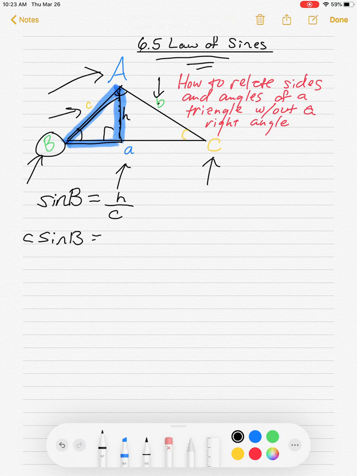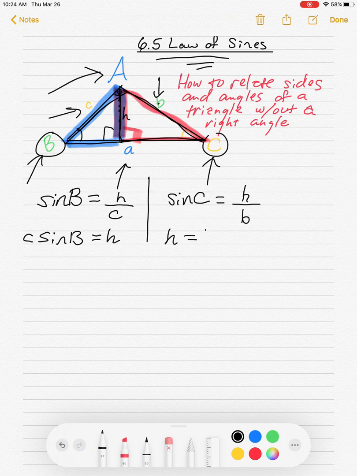So then it would have to be true that H is equal to C sine of B. Now let me do the same thing for this triangle. This guy's also a right triangle. For that triangle, I'd be interested in the sine of the angle C. Looking at the right triangle, the sine of the angle C would just be H over B. So then wouldn't it have to be true that H is B sine of C?